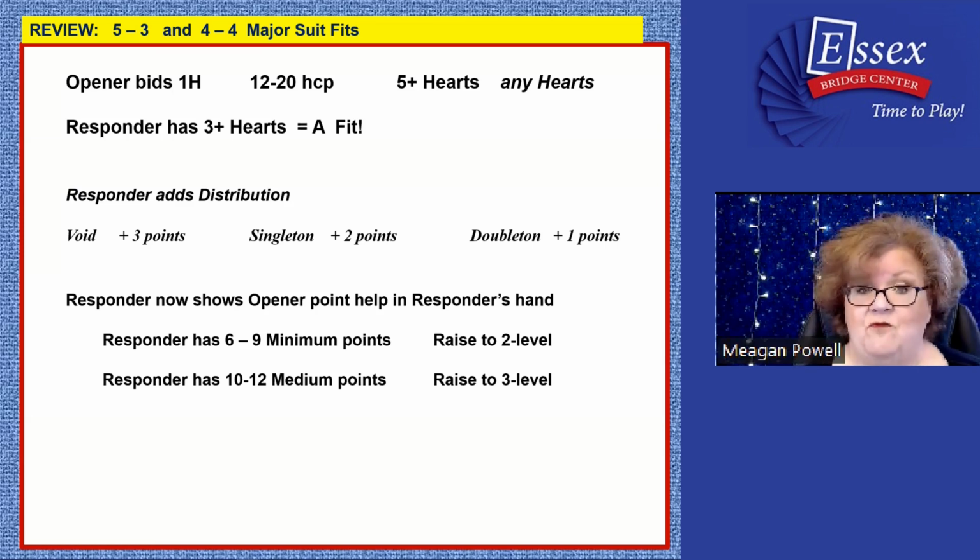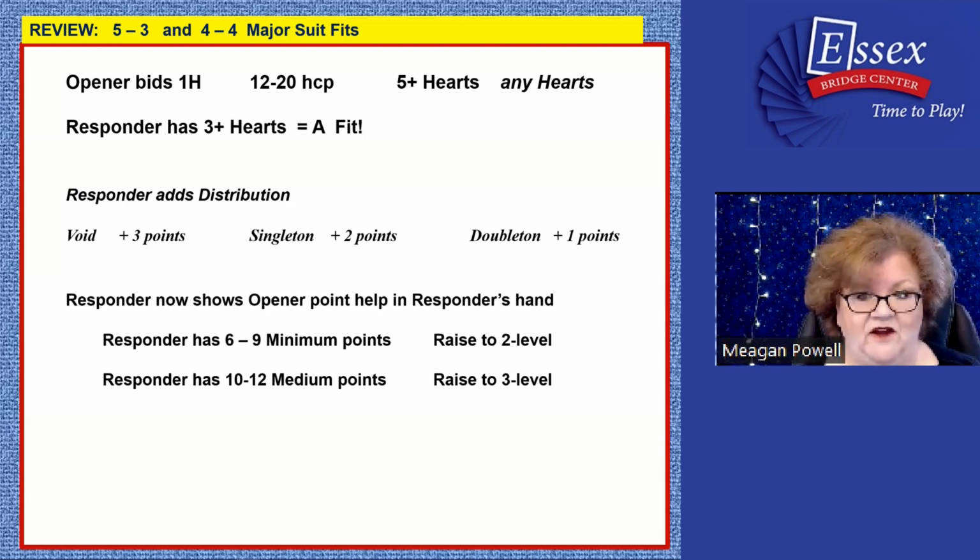And if I have more than 12 opening points, well, your 10 to 12 points takes us quite a bit of the way to 25 points, but you just can't be sure. So with 10 to 12 medium, or you'll hear me refer to it as invitational responding points, you have almost enough responding points to take my 12 to 25 points, so take me almost to game. Raise to the 3 level, 3 hearts.